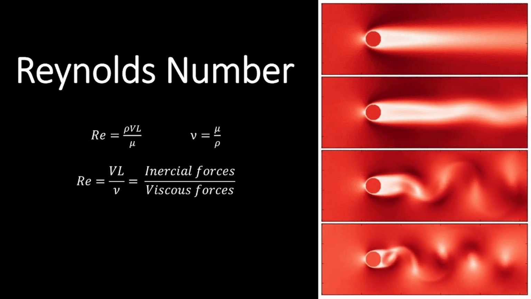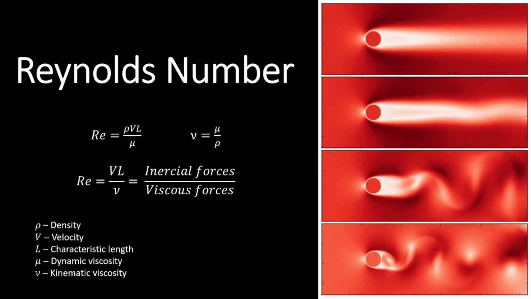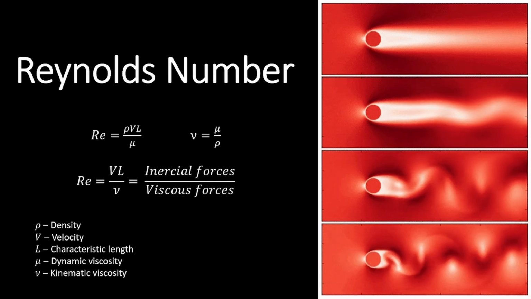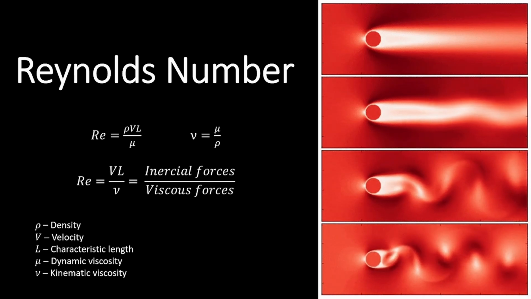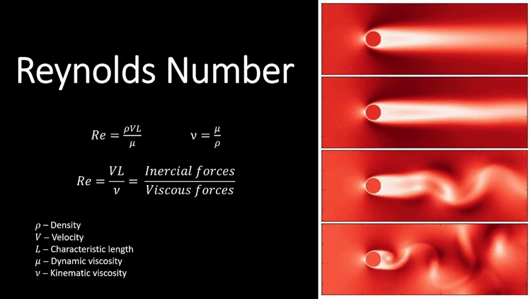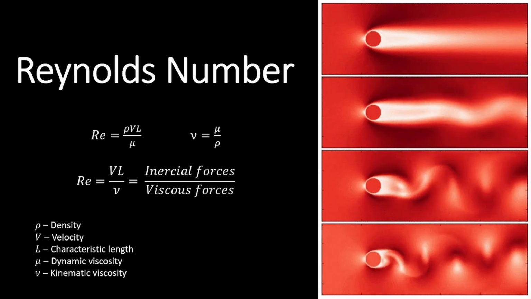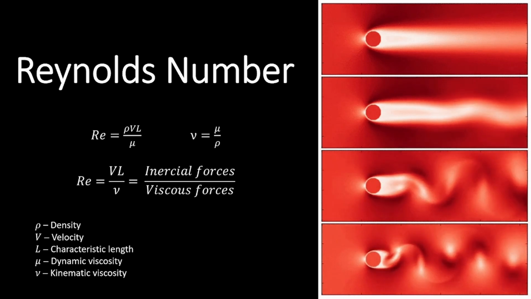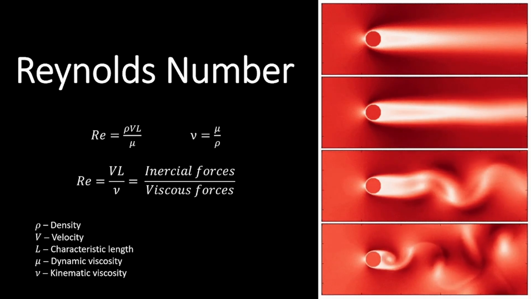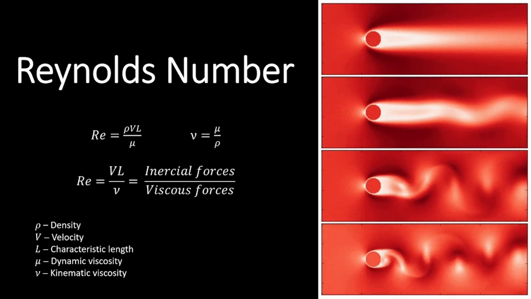So basically we have rho as the density of the fluid, V as the velocity of the fluid, L as the characteristic length of the body which moves in the fluid, mu as the dynamic viscosity, and nu as the kinematic viscosity. So finally you see the formula in the center: Reynolds number equals VL divided by nu.